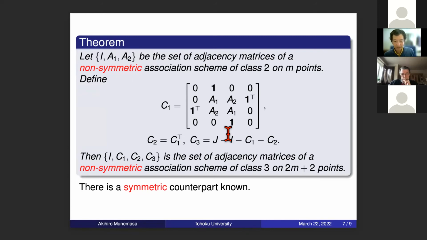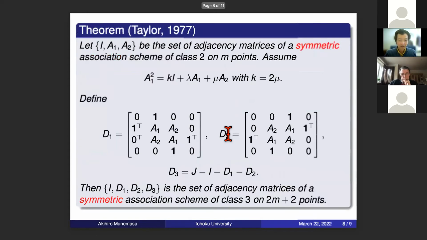It's a rather old result due to Donald Taylor in 1977. Well, although it's somehow formulated differently. So instead of starting with a non-symmetric association scheme, we start with a symmetric association scheme of class 2 on m points.